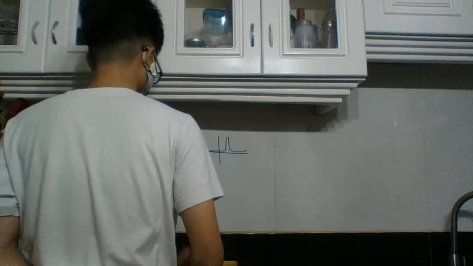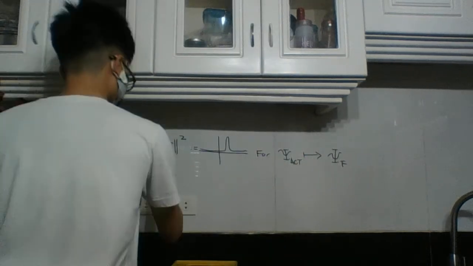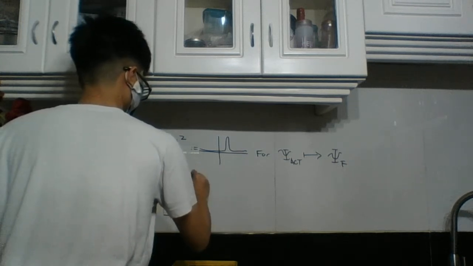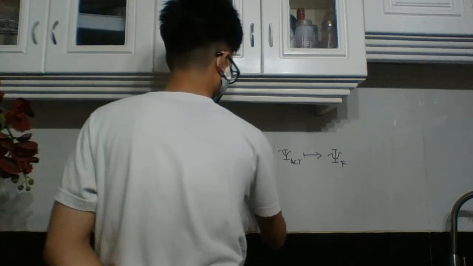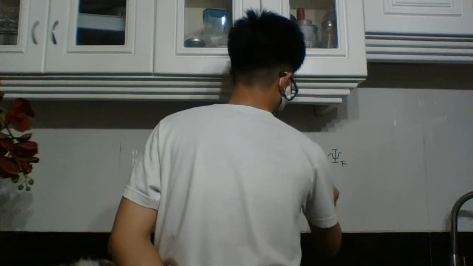Oh, sorry, this is M. Collapses to M. And then that's for when he comes out in the maid costume, and now this one is F. Wave function actual collapsing into psi F.